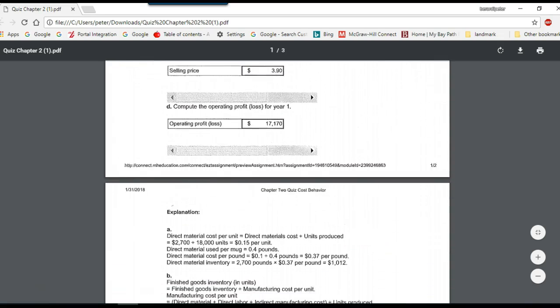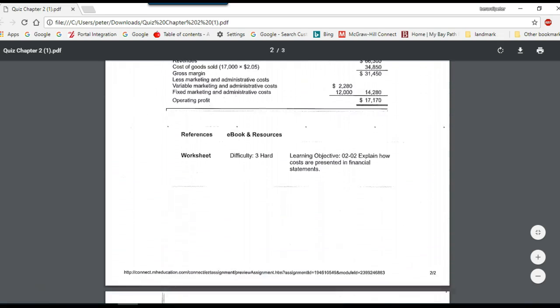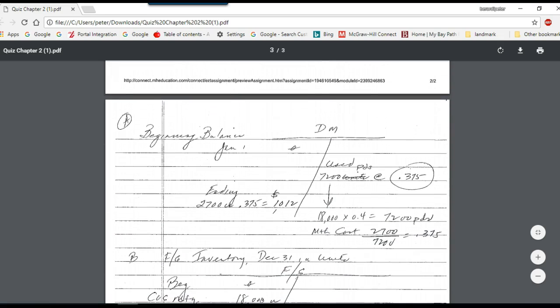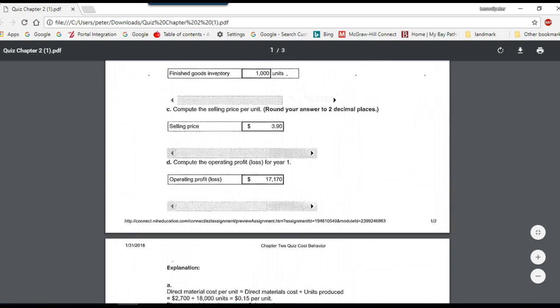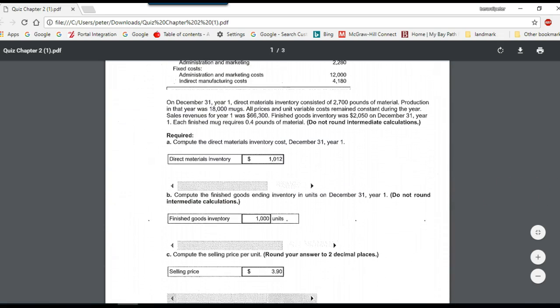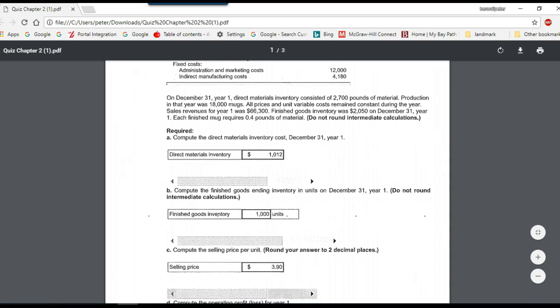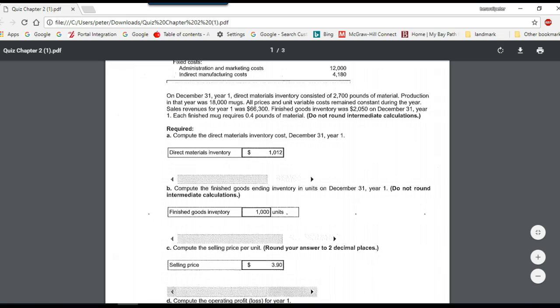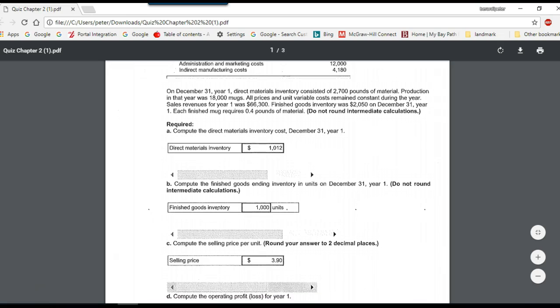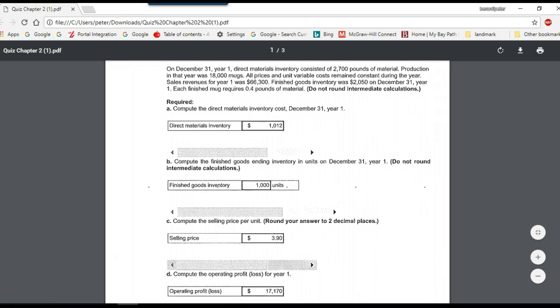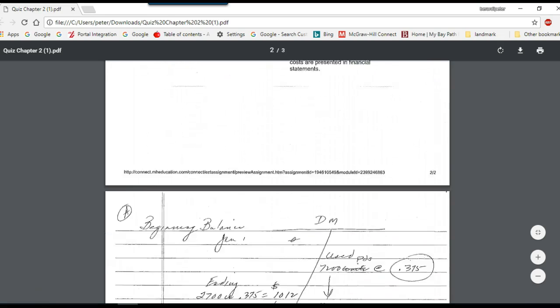And essentially I wrote it out this way here. Basically the problem said, one, compute the direct materials inventory costs ending December 31st for year one. So that's our ending balance.